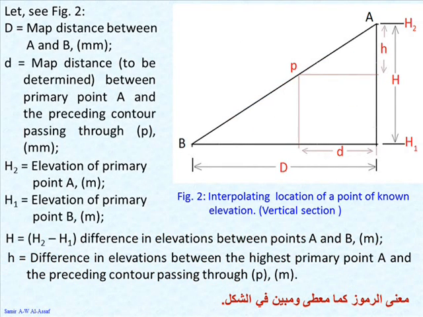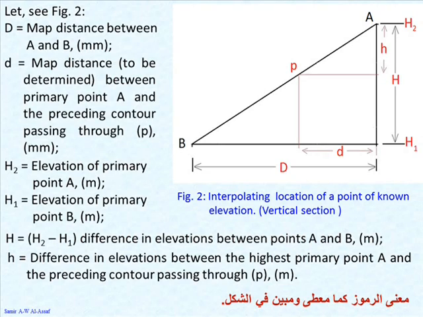Let's see figure 2. Capital D equals map distance between A and B in millimeters. Small d equals map distance, which is to be determined, between primary point A and the preceding contour passing through P in millimeters. Capital H2 equals elevation of primary point A in meters.